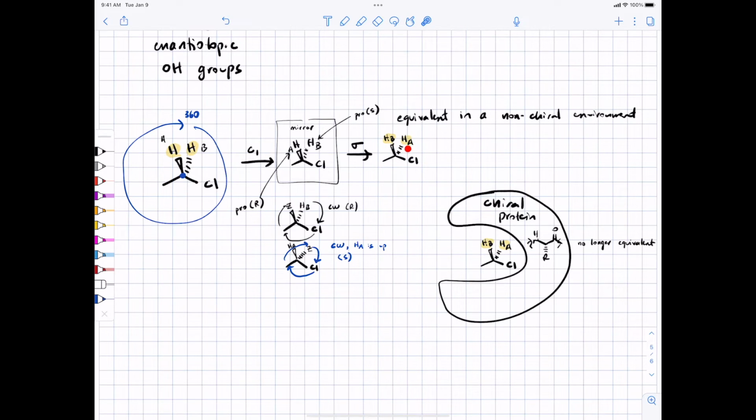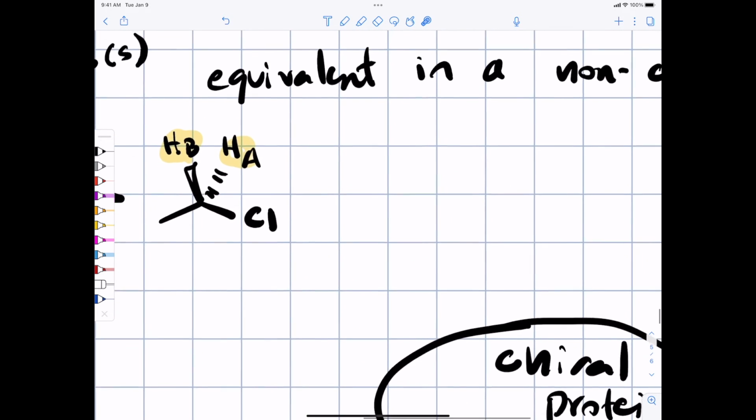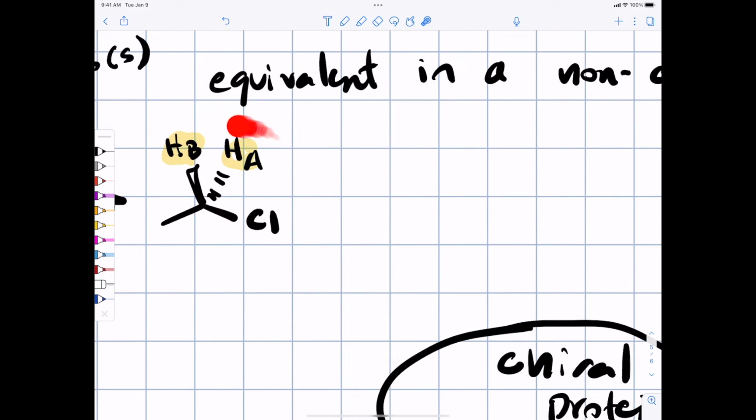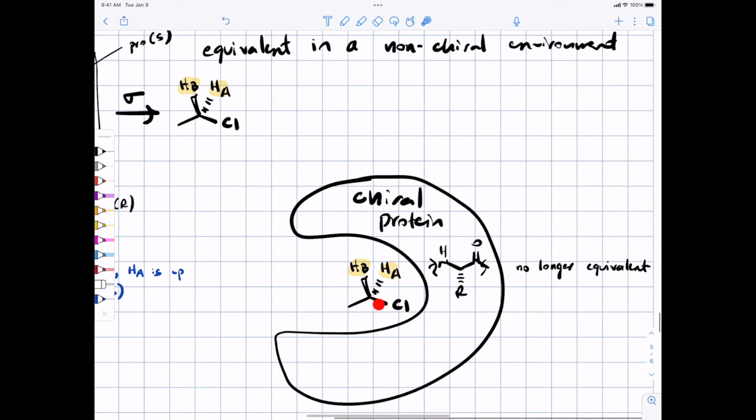Not in a chiral environment. Over here, remember, they're identical. If it's not in a chiral environment, they are identical. Therefore, this chloro has the same effect on this hydrogen and that hydrogen. They have to have the same chemical shift. When you put it in a chiral environment, they are no longer equivalent, so they don't have to have the same chemical shift.